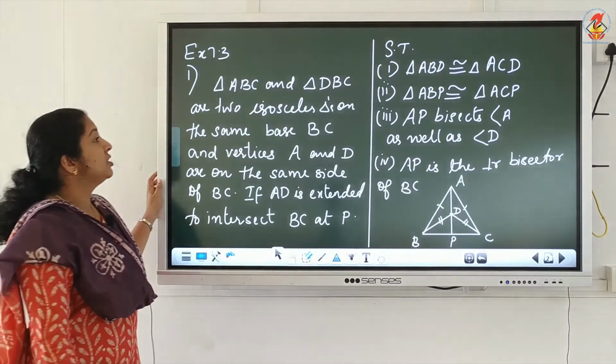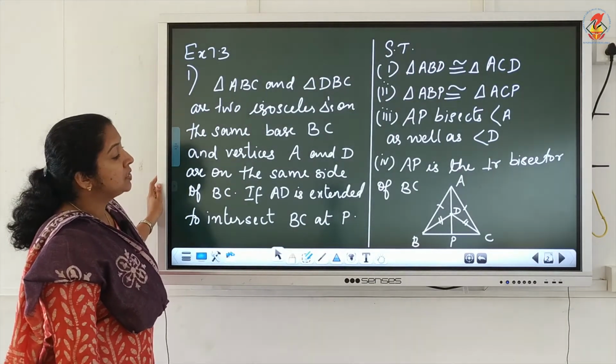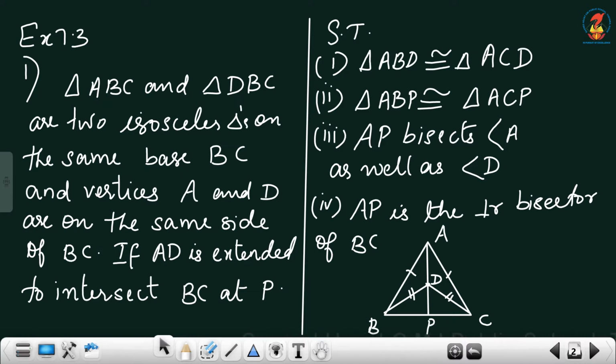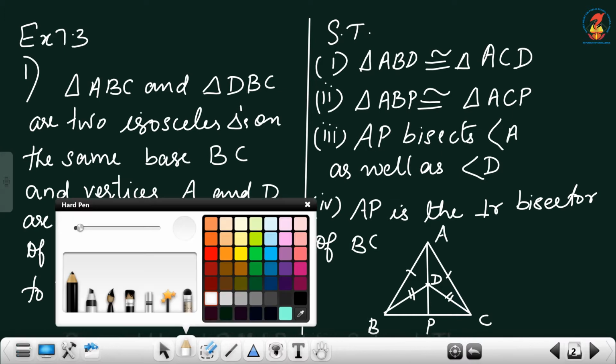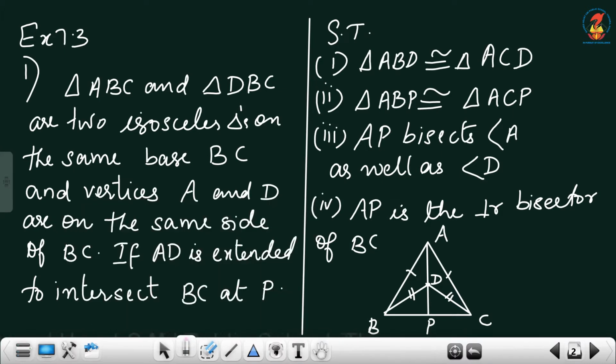Exercise 7.3, first question. Triangle ABC and triangle DBC are two isosceles triangles on the same base BC, and vertices A and D are on the same side of BC.